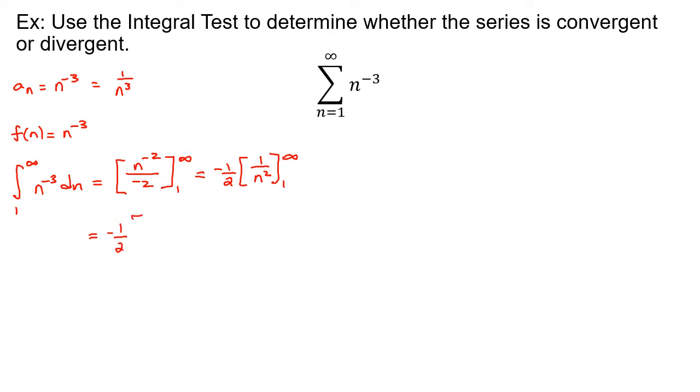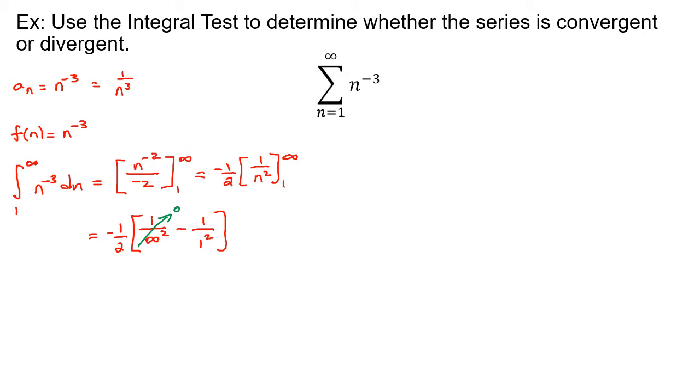I'm not really plugging infinity in, but you can kind of look at it that way. What you're really doing is saying your n is getting bigger and bigger. Since it's in the denominator of 1 over n squared, you're making the denominator bigger and bigger, which makes the overall fraction smaller and smaller. So that part goes to 0.